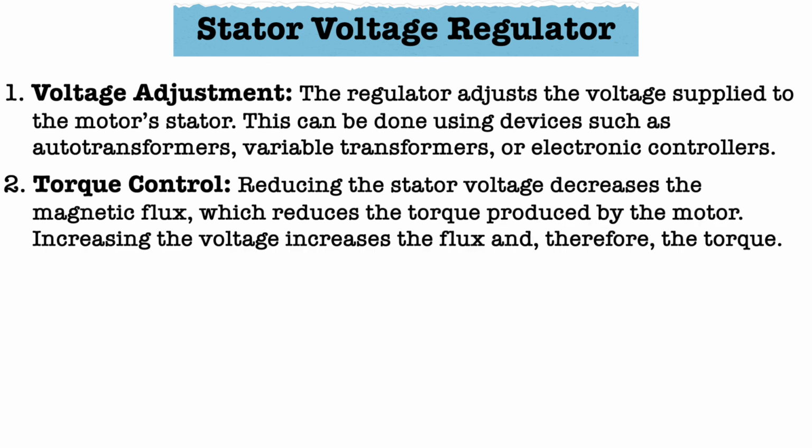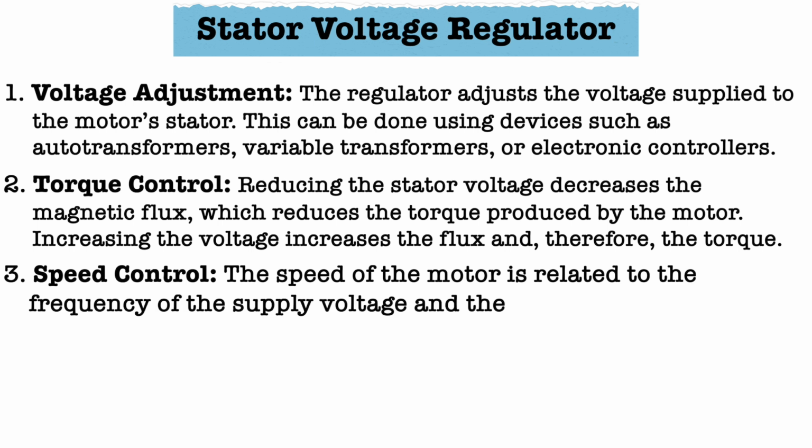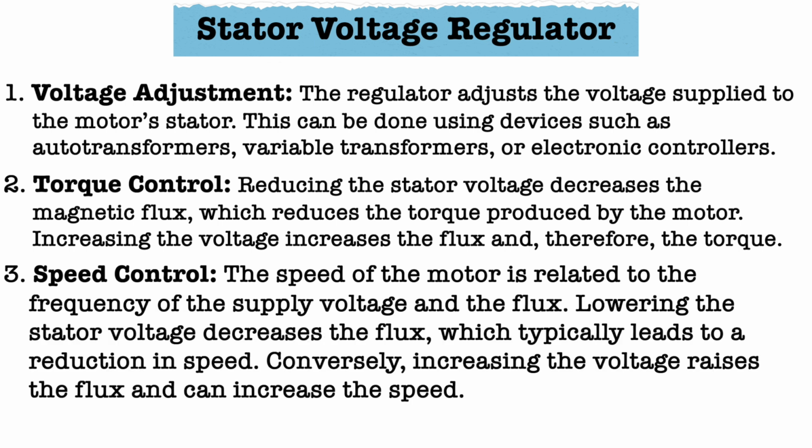Reducing the stator voltage decreases the magnetic flux, which reduces the torque produced by the motor. Increasing the voltage increases the flux, therefore the torque. Next is speed control. The speed of the motor is related to the frequency of the supply voltage and the flux. Lowering the stator voltage decreases the flux, which typically leads to the reduction in the speed.